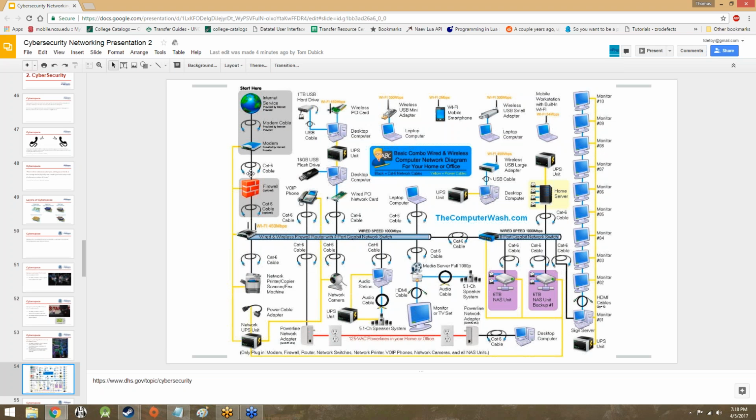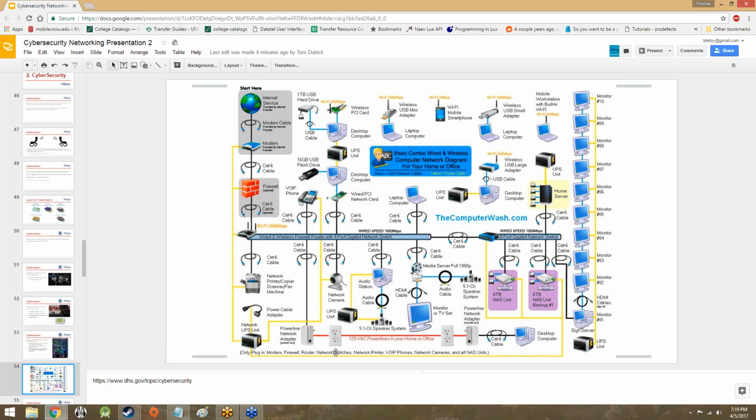And that modem can be connected to a router which provides a firewall, or it can be connected to a separate firewall of its own, and then connected to a router, which can be connected to a printer, that can be connected to a universal phone system unit. So you can be connected to a whole bunch of different phones and other internet-enabled things. This isn't actually a universal phone system.